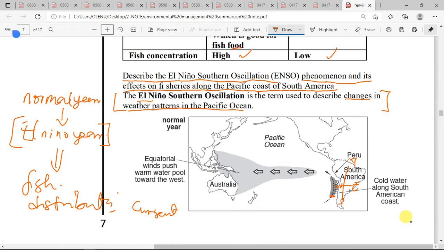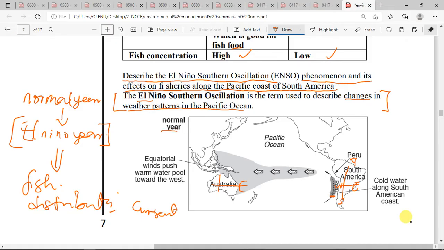So this El Nino Southern Oscillation occurs between the eastern part of Australia and the western part of South America. So if you look at that, you'll be able to know how this movement of current affects fish distribution.